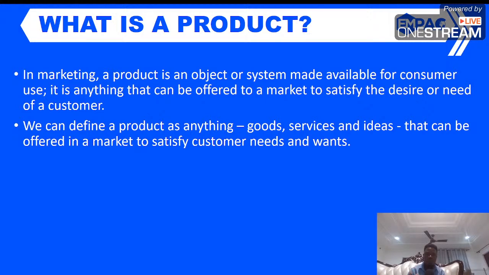We can also define a product as anything, goods, services, and ideas that can be offered in a market to satisfy customer needs and wants. So the two definitions have something in common: satisfying the customer's need, desire, or want.